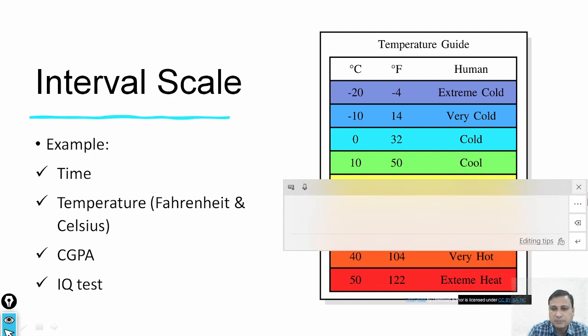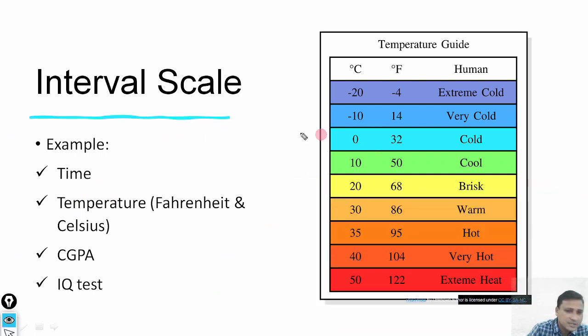See, here are the examples of interval scale. Time is an example, temperature, CGPA, IQ test. Now here, the temperature is denoted by 0 Celsius. Does that mean that there is no temperature at all? There is no existence of temperature?